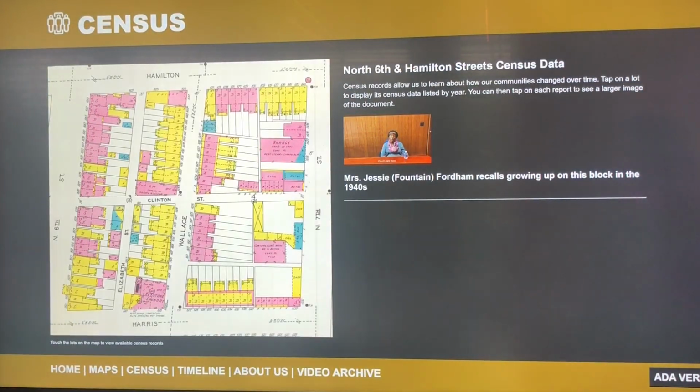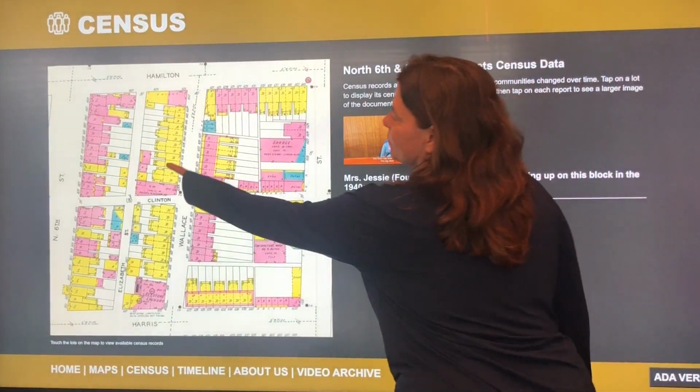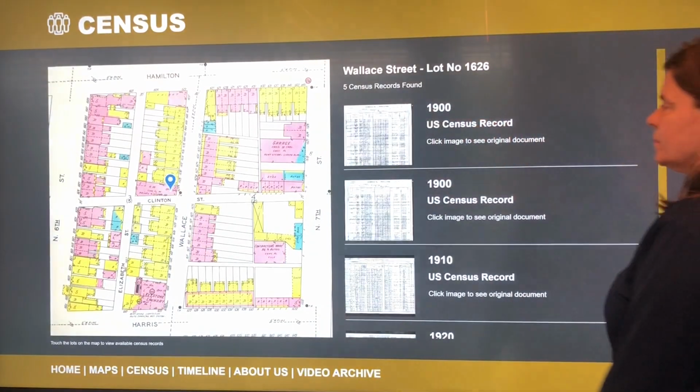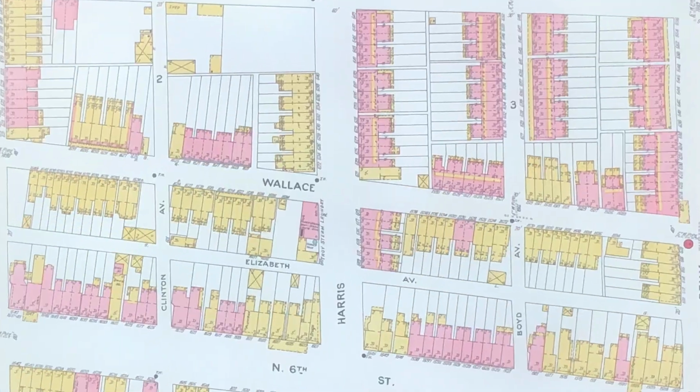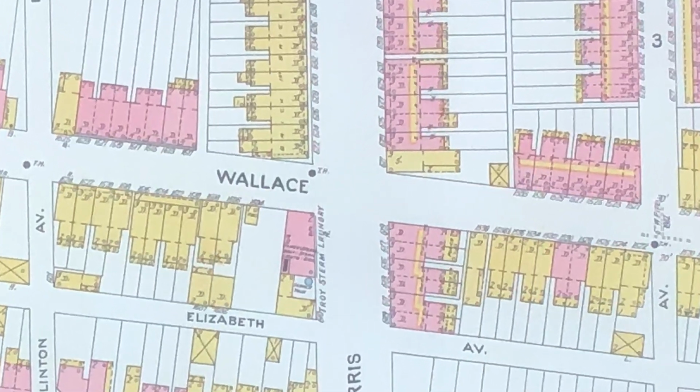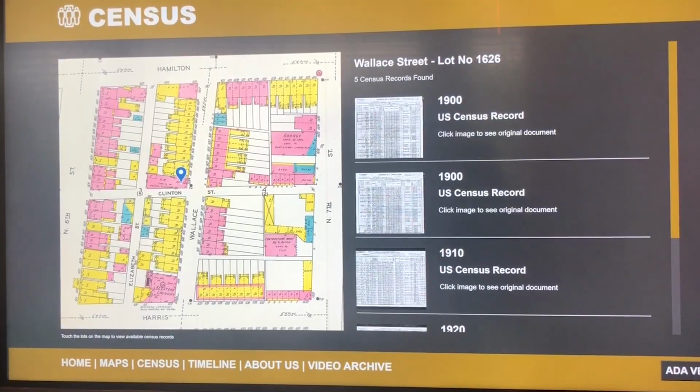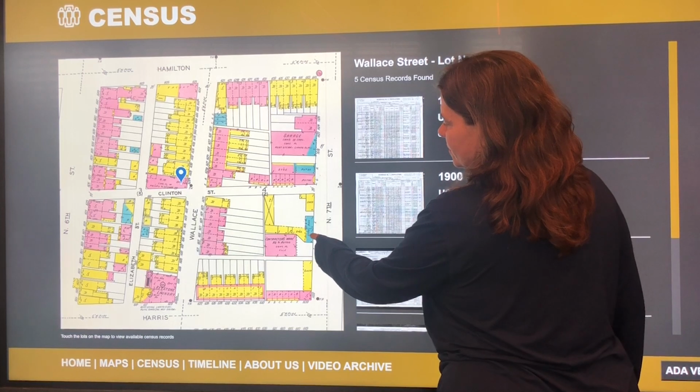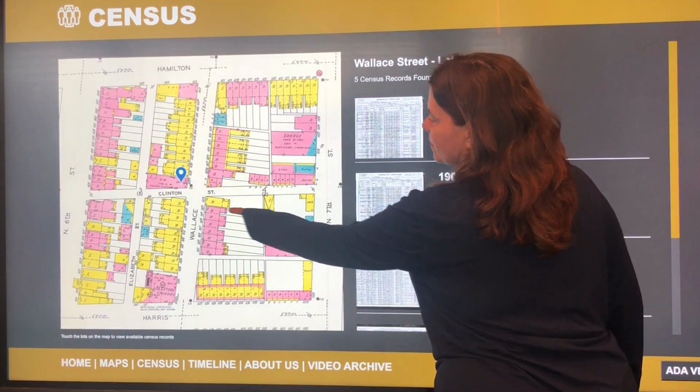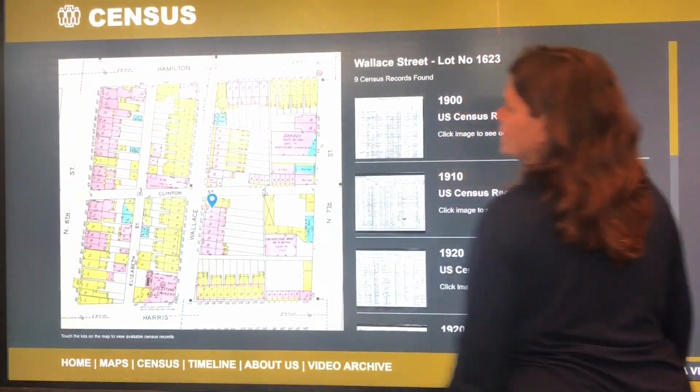Let's push return and look back at the map of the early 1900s here in Harrisburg, right at where the archives is. When we touch a residence, it brings up the census for that area. Now, not anywhere will bring up a census. You need to tap on a home.